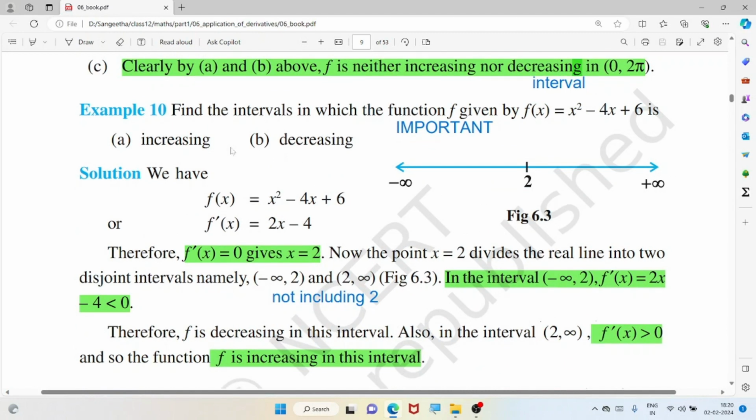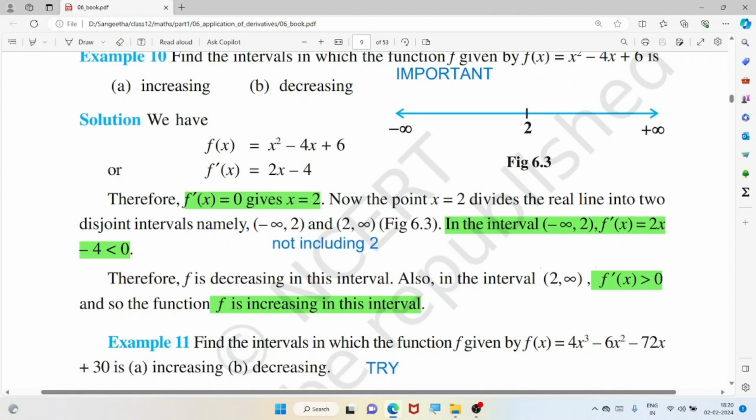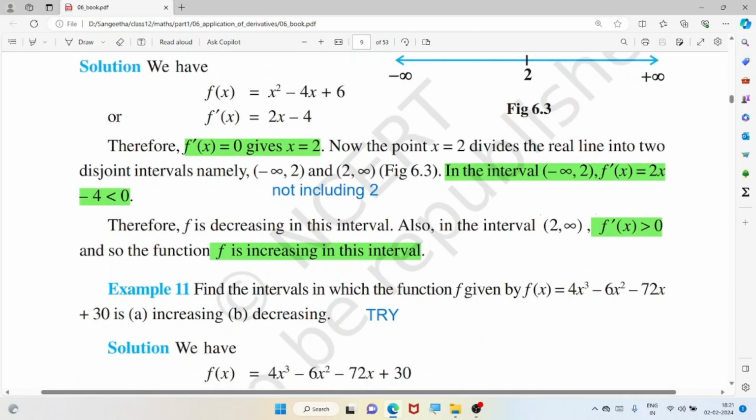So here you see f dash of x, which will be 0 when x equals 2. In the open interval, not including 2, that is the open interval between minus infinity and 2, f dash is less than 0.